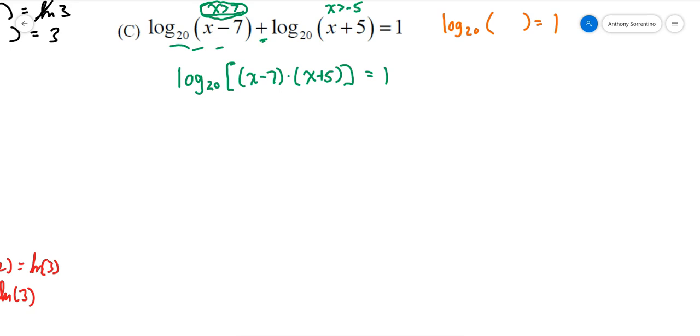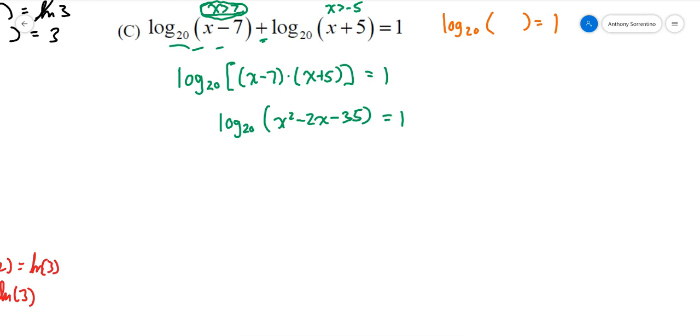So with this now, I can rewrite this, foiling this out, as x squared minus 2x minus 35 equaling 1. Again, I have a single logarithmic statement here.